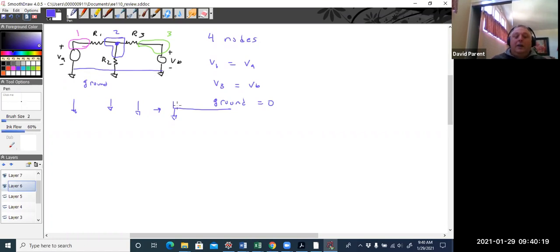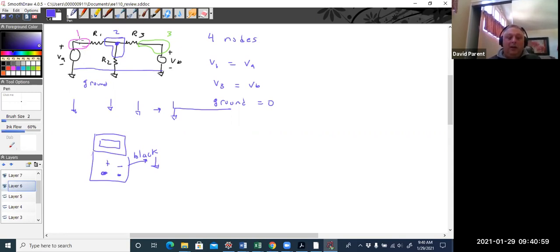All right. But the way to think about ground to make sure that you're thinking about it correctly is if you had a voltmeter, right? We'll draw a digital one, and you have the positive and the negative coming out. The negative one is always tied to ground, which is usually the black wire. So the black wire is always tied here, and the plus wire would be whatever the node is.